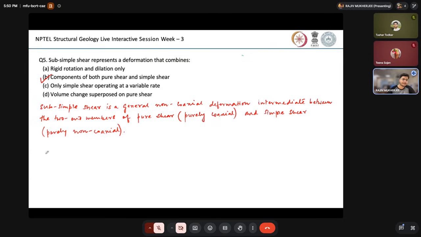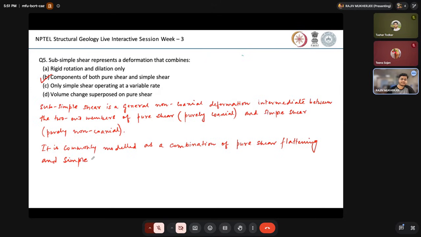So it is commonly modeled as a combination of pure shear, pure shear flattening, and simple shear, rotation and stretching.